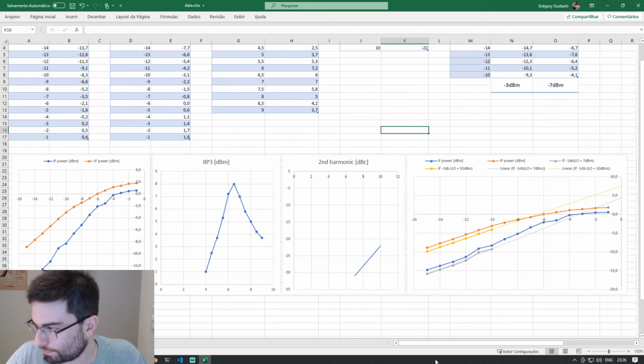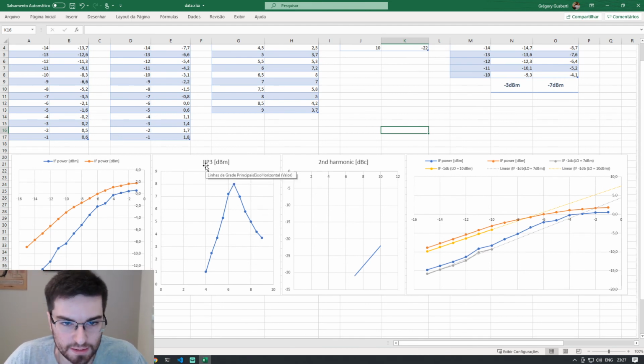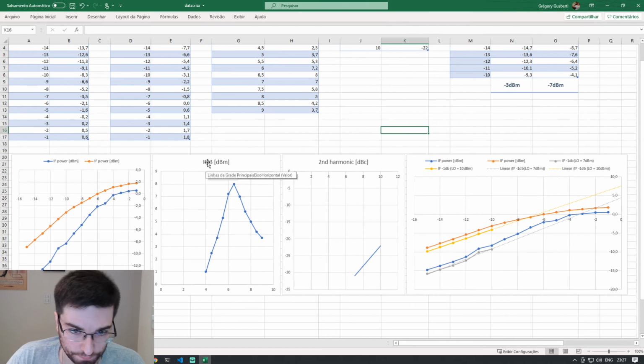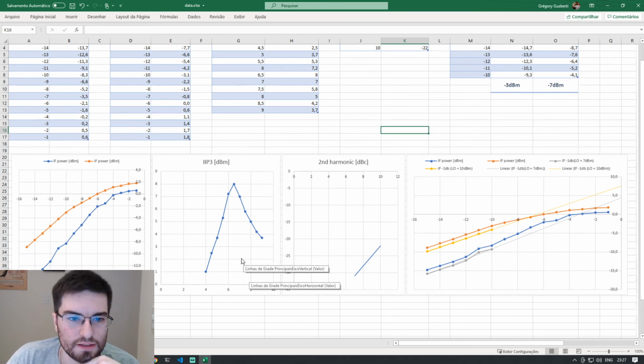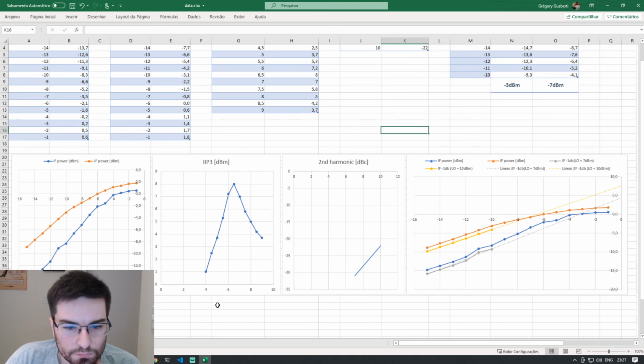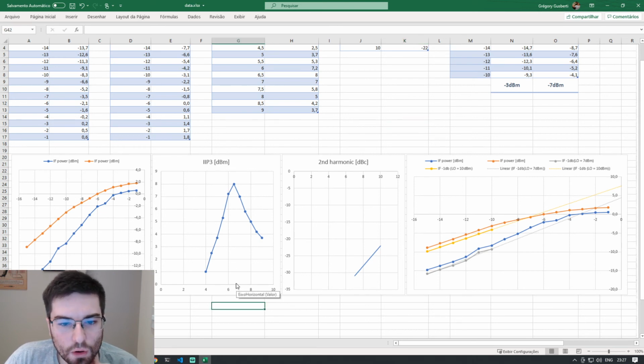Sorry guys. And we can see in this plot here the IIP3, input referred intermodulation product of third order, or third order intercept point, easier to say. We can see, guys, that at 7 dBm LO we have the highest third order intercept point.